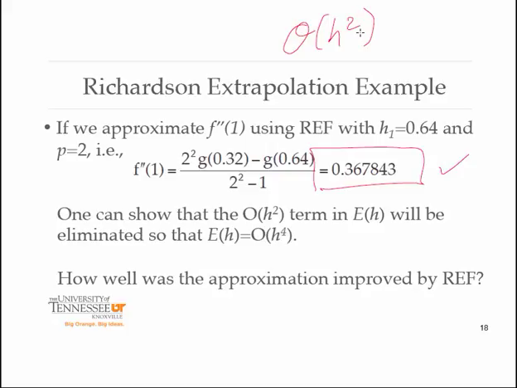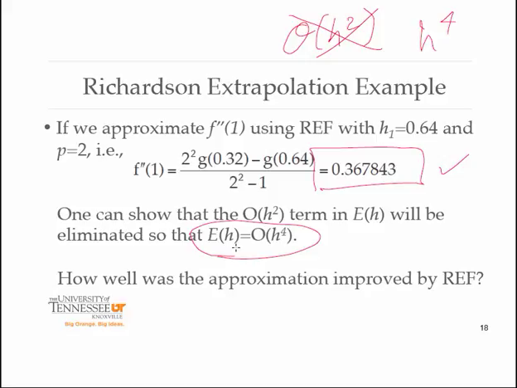The fact that you subtract them removes that term, and it goes to the next highest power of h, which will be h to the fourth. So you can show that by doing Richardson extrapolation, you will actually produce a result of order h to the fourth. The O of h squared term is eliminated.